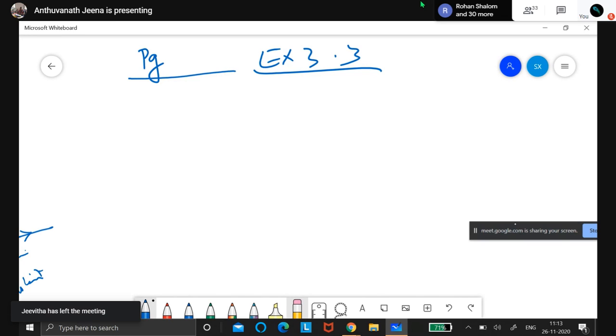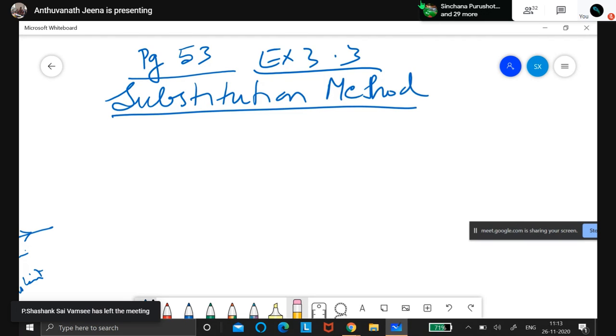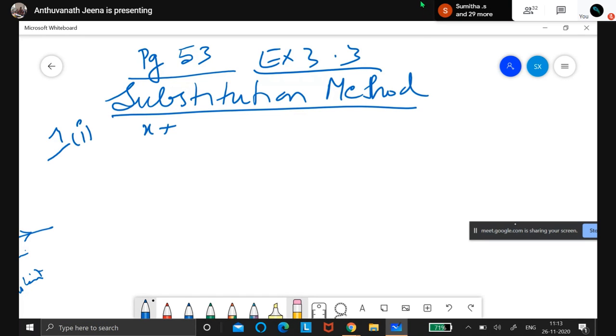Exercise 3.3. First, solve the pair of linear equations by substitution method. So we are going to learn the substitution method in linear equations. First question: x plus y is equal to 14, x minus y is equal to 4.